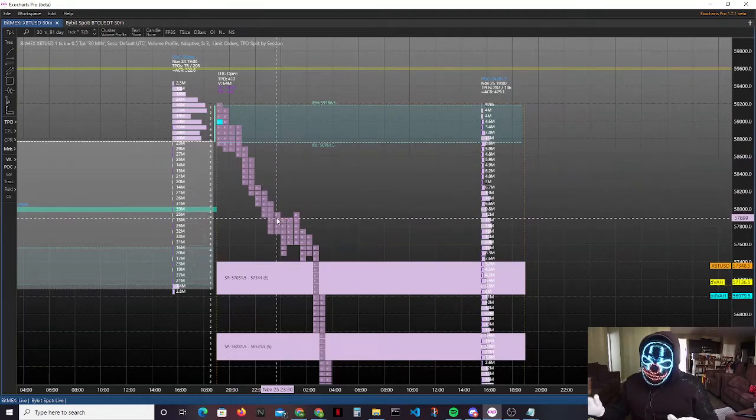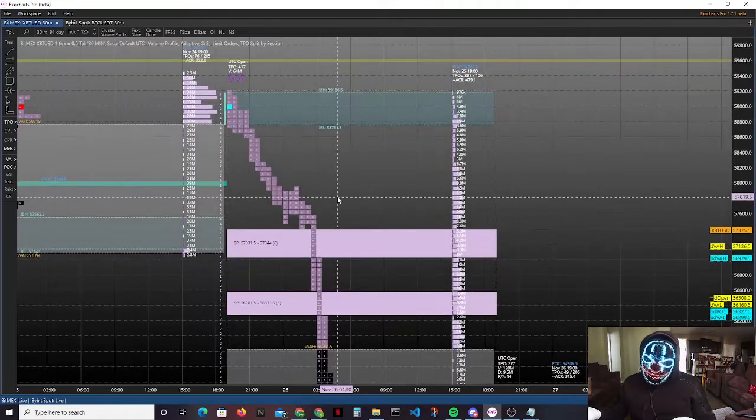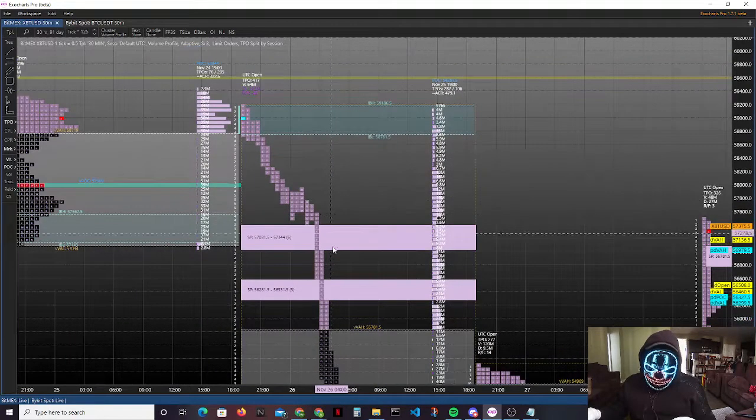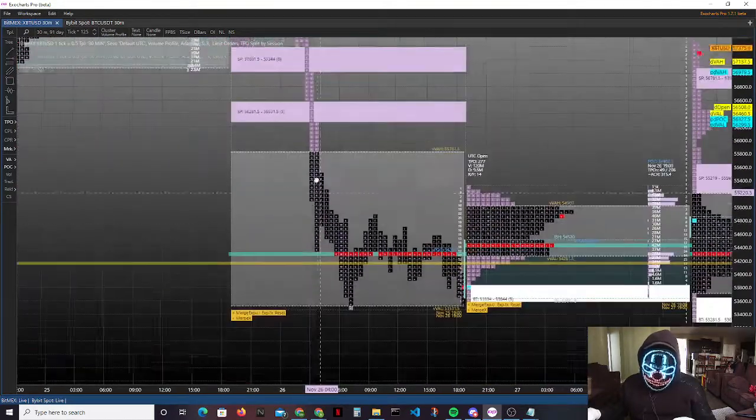Because usually when you start seeing one time framing, that's a slow imbalance in price. That means there's consistent selling or consistent buying in whichever direction, which usually leads at some point to a pretty hefty imbalance, which is when you get things like the single prints to the downside.